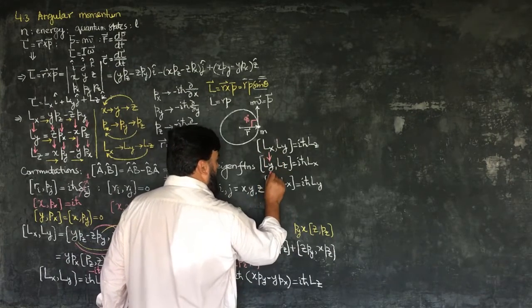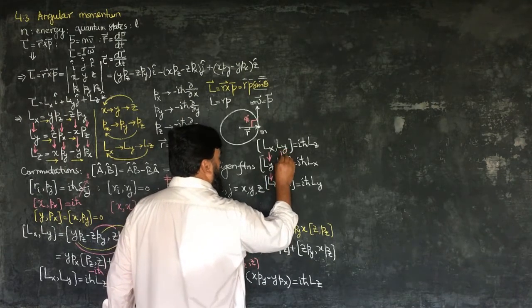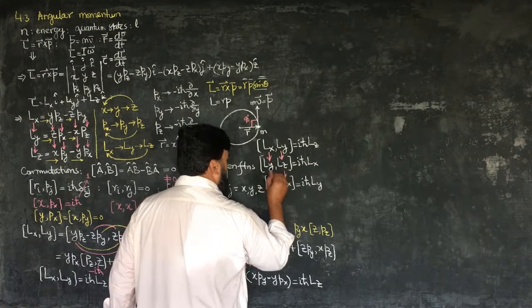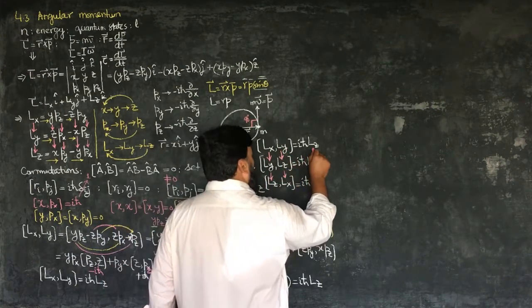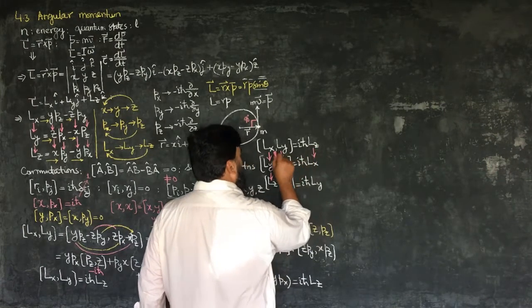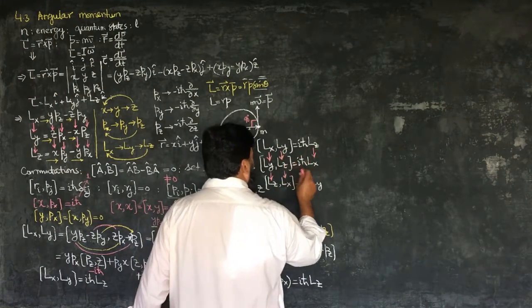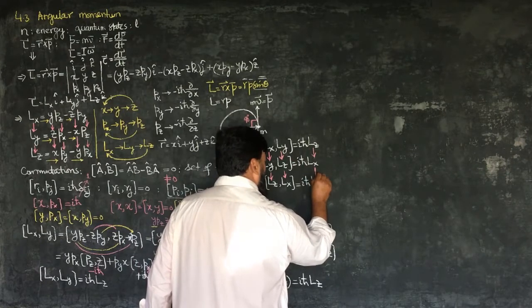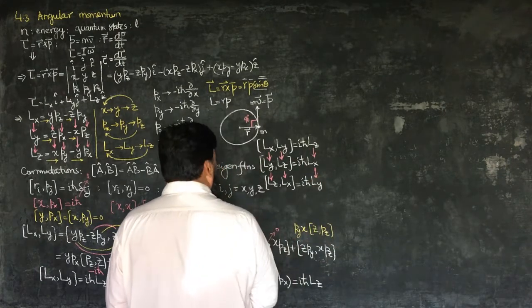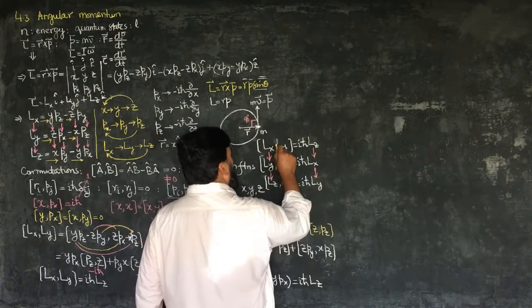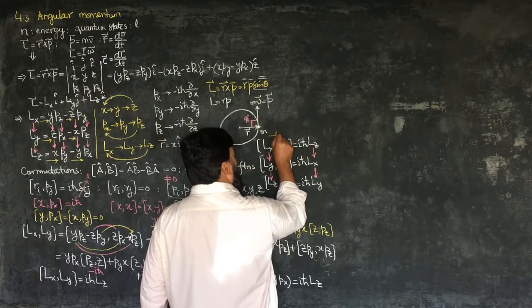Lx will go to ly, ly will go to lz, lz will go to lx. Similarly, here lz, so this means x, y, z. This lz will go to lx and lx will go to ly. And it is easy to remember that lx will go to ly.